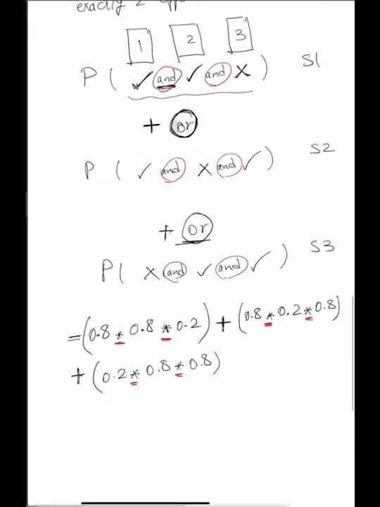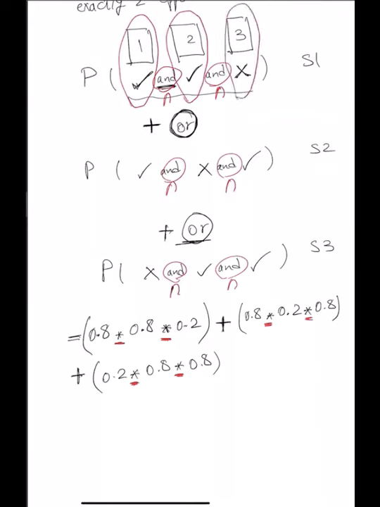So the reason that I could do these multiplications everywhere I saw an and is simply because I know that the results of these games are independent from each other. So I can just say the result of the first one, multiplied by the result of the second one, multiplied by the result of the third one.